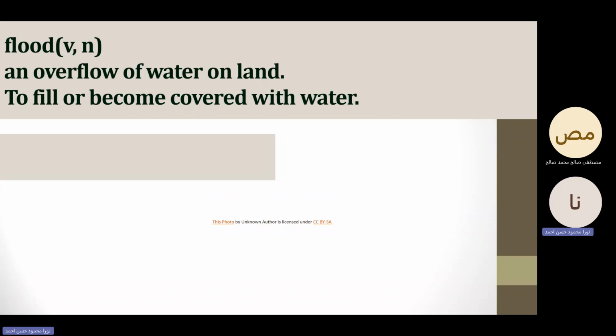The first word here is flood. What do you mean by the word flood? Okay, flood could be a verb or a noun. A flood is an overflow of water on land.